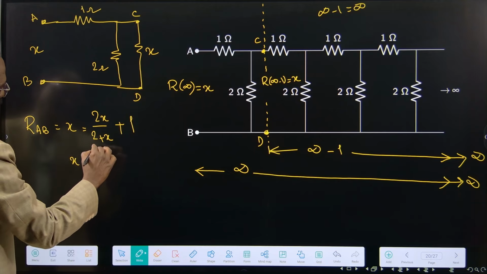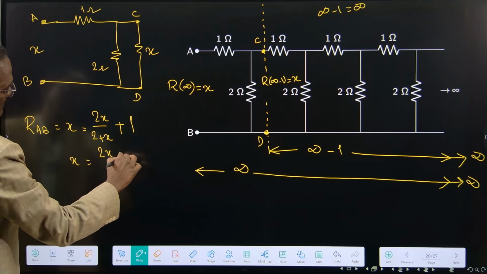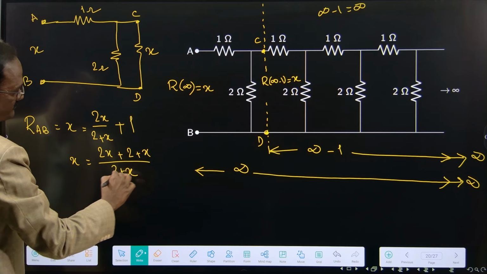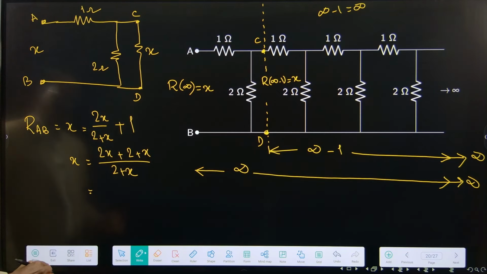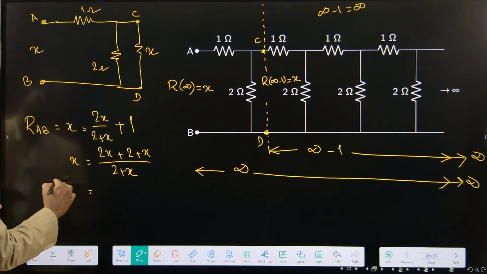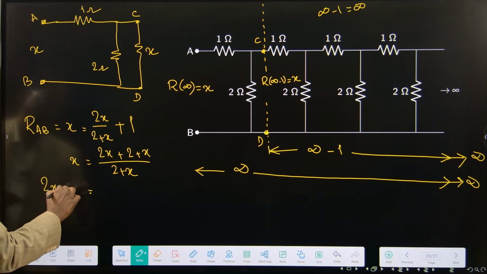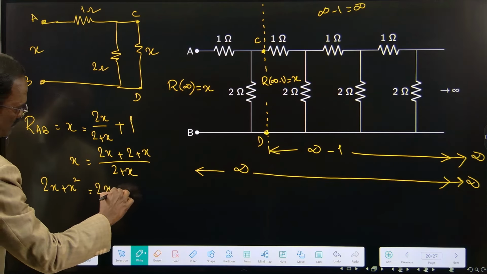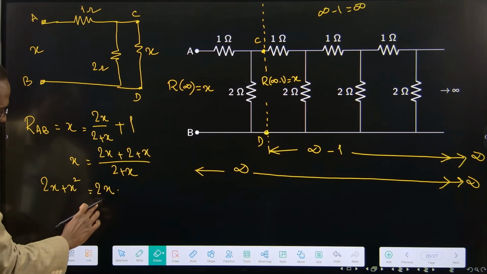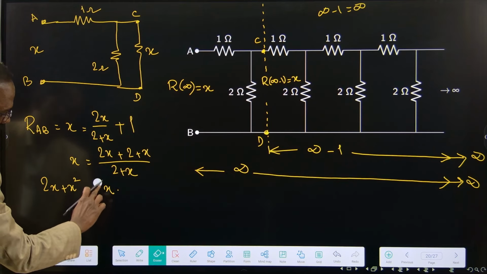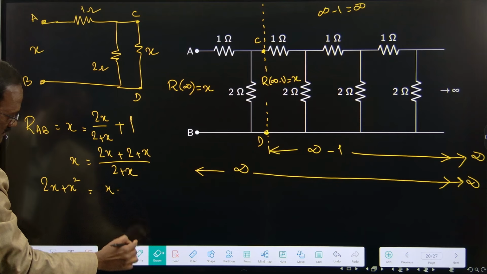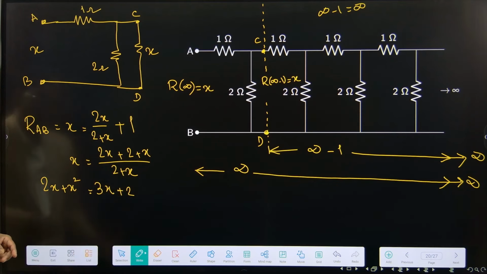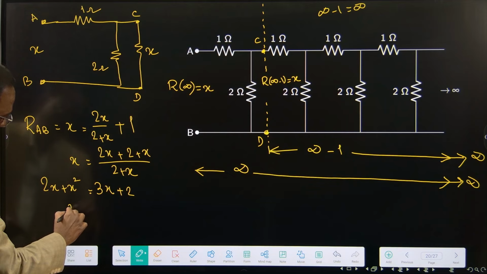So x is equal to 2x divided by 2 plus x, plus 1. Cross multiplying, 2x plus x square is equal to 2x plus 3x plus 2 after combining.